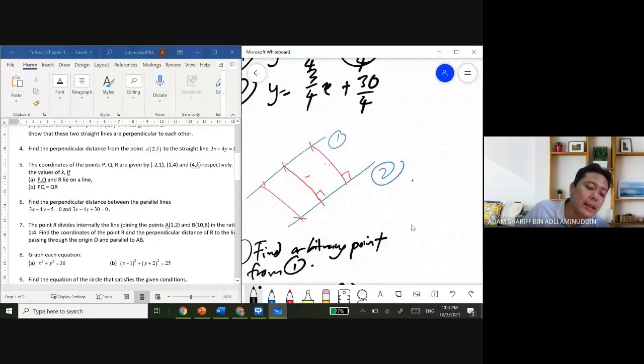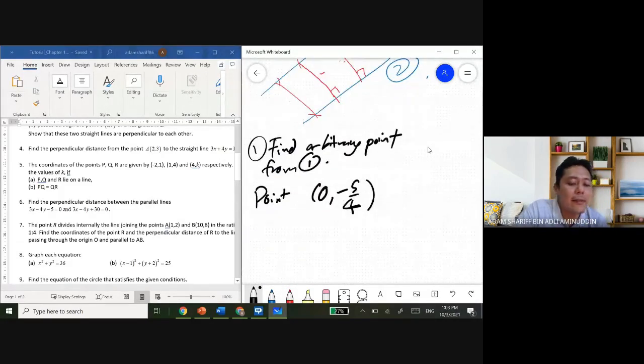So kita guarantee point 0, -5/4 ni is one of the points from the equation number 1. So kita ada HK kita. Kita dah ada HK.